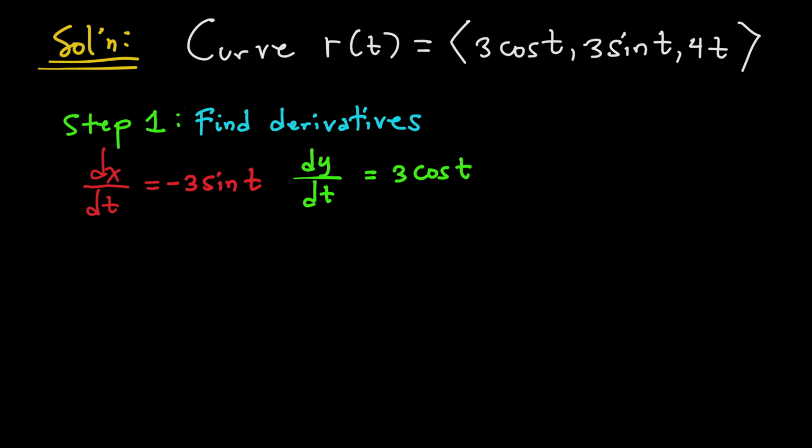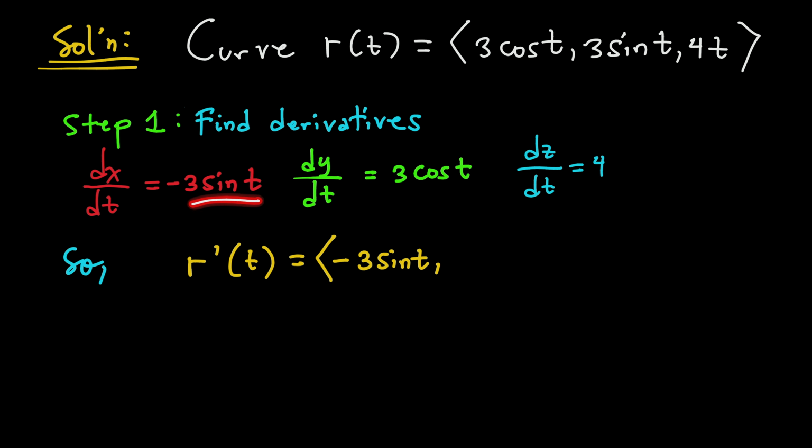Now for dz over dt, the derivative of this one gives you 4. So r prime of t here is equal to this one. You simply put this one as the first component of the derivative, this one for the second component, and this one for the third component.